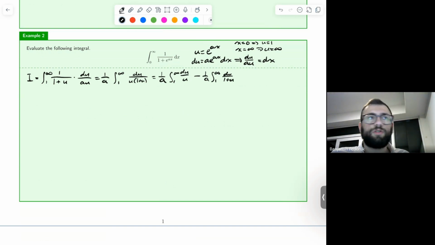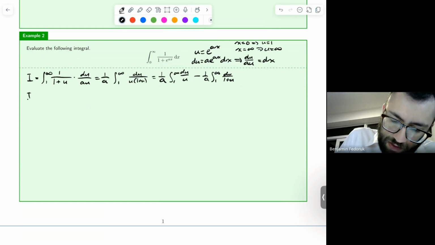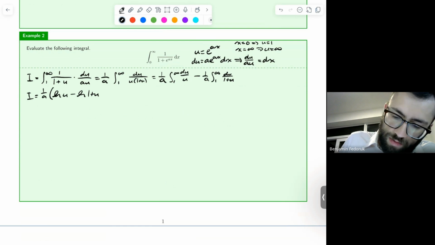So that's our partial fraction decomposition. And at this point, we can integrate. And so we'll get 1 over a times ln of u minus ln of 1 plus u.